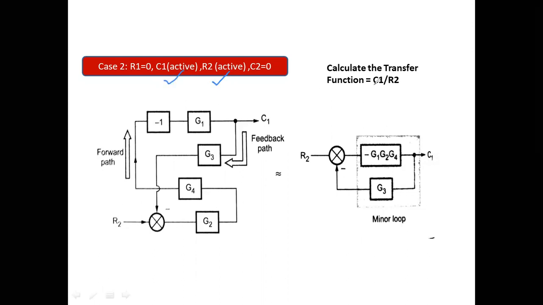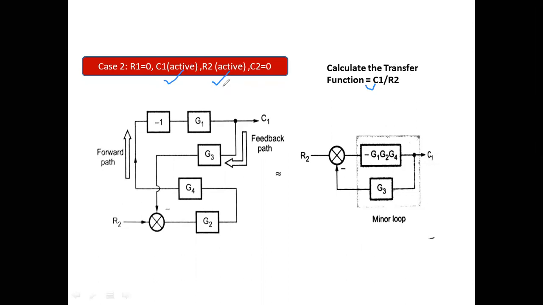Because we have to obtain the transfer function, which is the ratio of output, C1, and input, R2. So while obtaining the transfer function, we have to look at what output and what input we consider; those two variables will certainly be active.